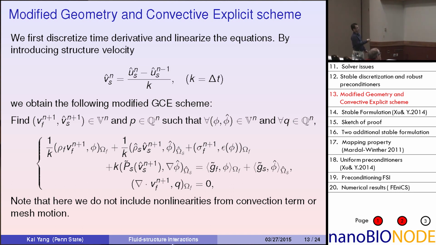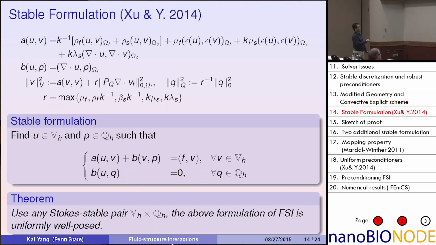Here, this system is symmetric, and we will introduce the saddle point formulation for this system. First, define the bilinear forms A and B. We can write the linear system in this saddle point formulation. And also, we define the norms carefully.